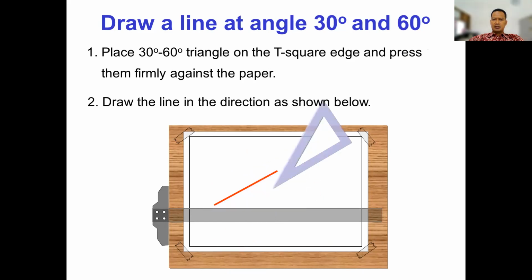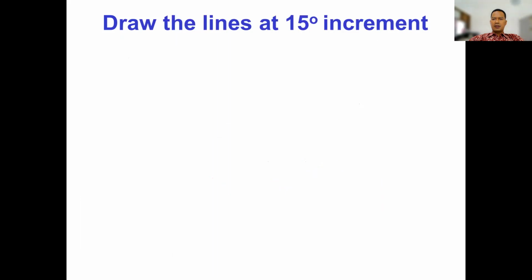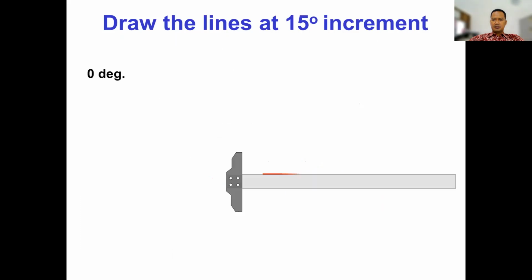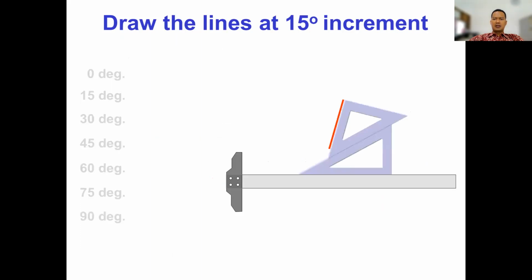Then you will get 30, and for the 60, use the other edge of the triangle. Draw at 15 degree increments, for example 0 degrees, 15, that means minus 30 and 45. So you can use the 2 triangles for the other angles.